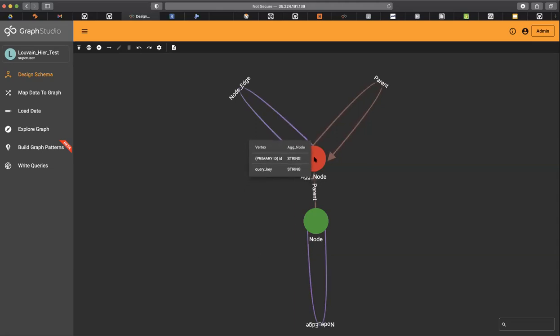And then importantly, we have this ag node, the aggregate node, which is the vertex type that we're going to use to embed the results. And importantly, we have this parent relationship. Note that it's a directed relationship where the source is the child and the target is the parent. Note also that node edge that we saw earlier can also exist to connect our aggregate vertices.